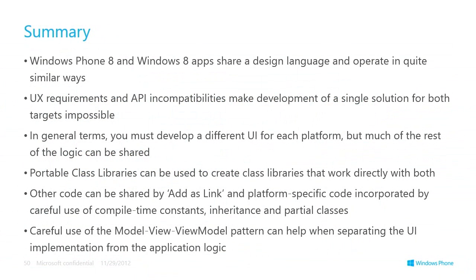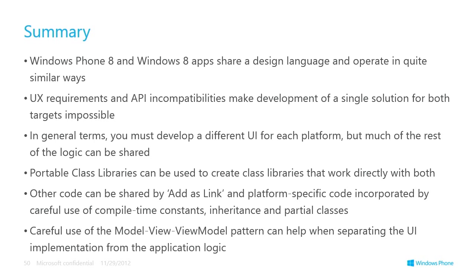Right, so in summary, Windows Phone 8 and Windows 8 apps have a lot of commonality. Most of all, it's the design language, and they operate in quite similar ways. If you're developing for one platform, you're going to feel very comfortable with the application lifecycle of the apps on the other ones. Now, in general terms, and it's a gross simplification, you need to develop a different UI for each platform.